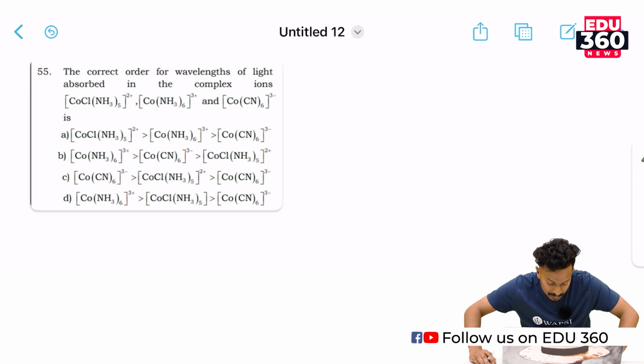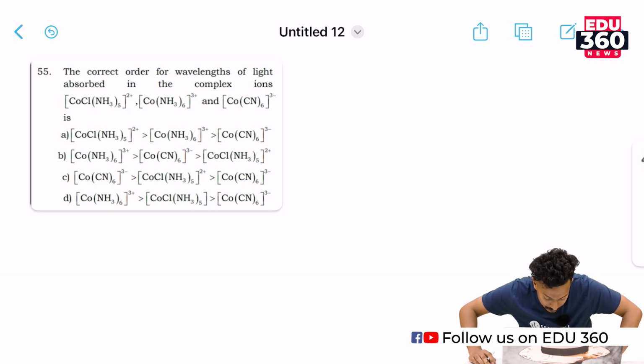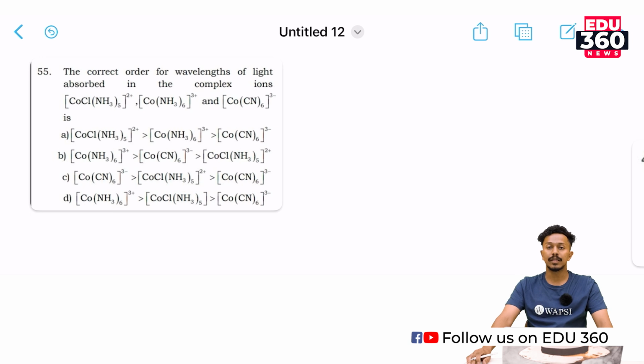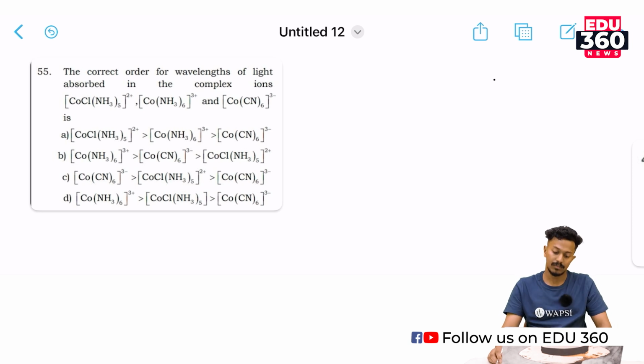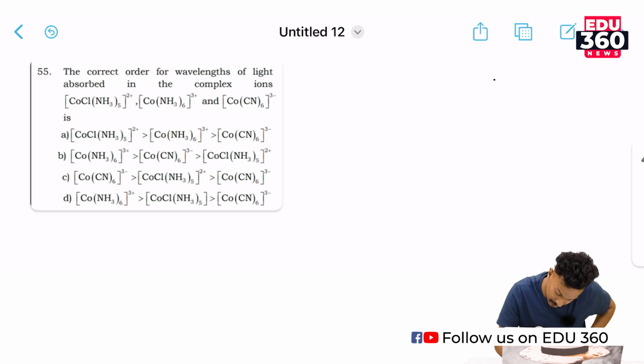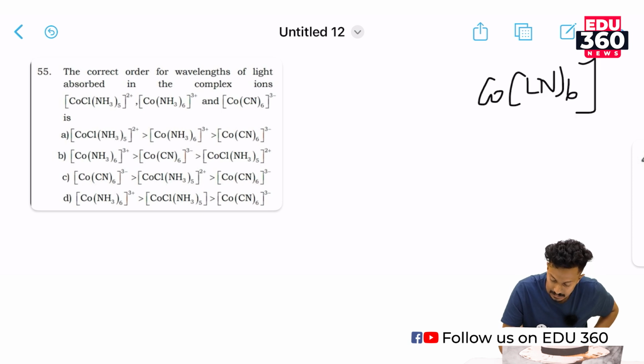So what is the strongest ligand here? We have the cyanide ion as the strongest ligand compared to ammonia. So cyanide is the least. It comes like this: [Co(CN)6]3- is the least one.